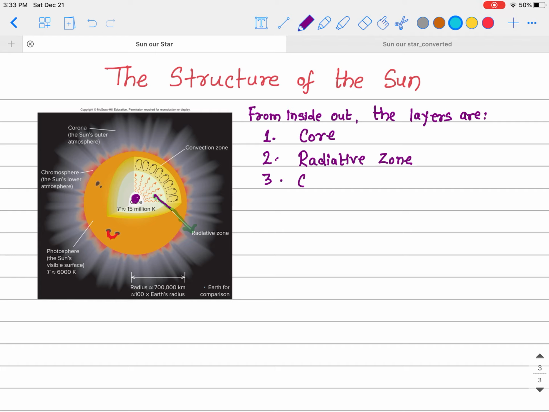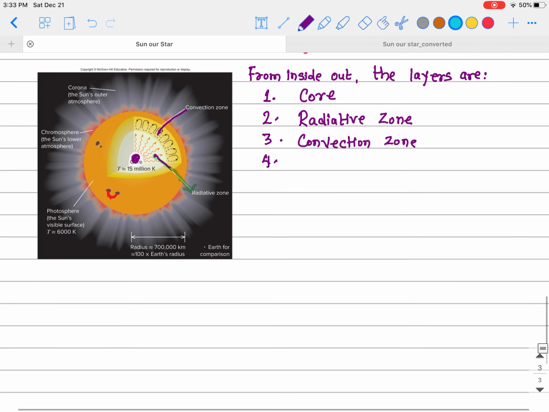The third one is the convection zone, which is shown by this area. The fourth one is the photosphere. The photosphere is the surface of the sun.